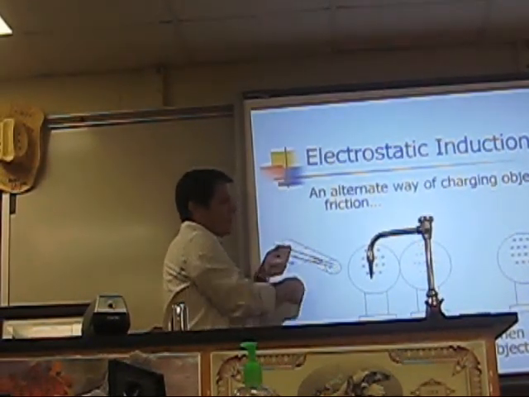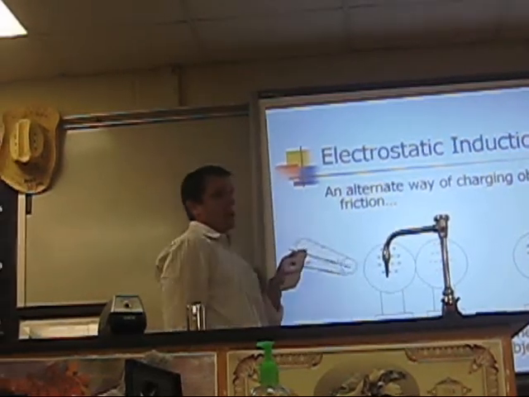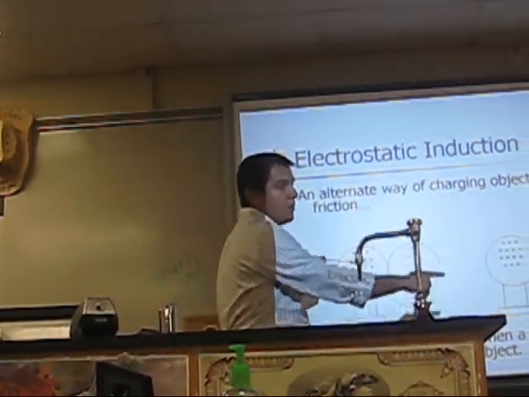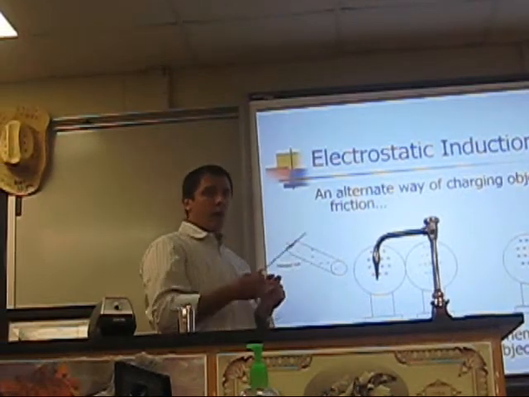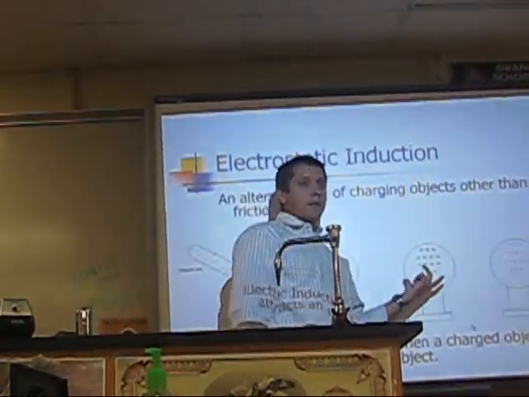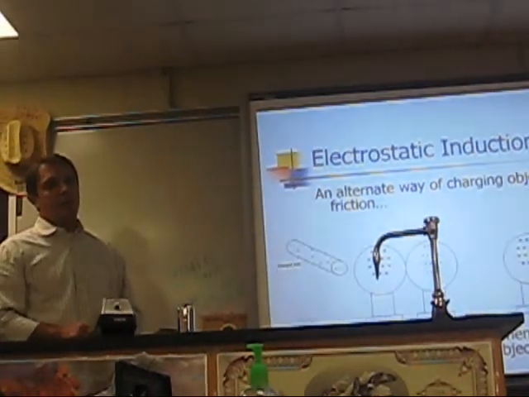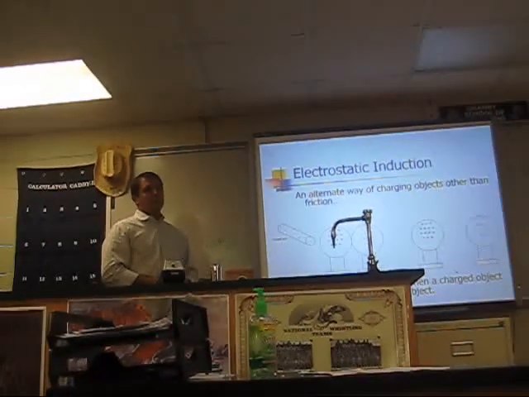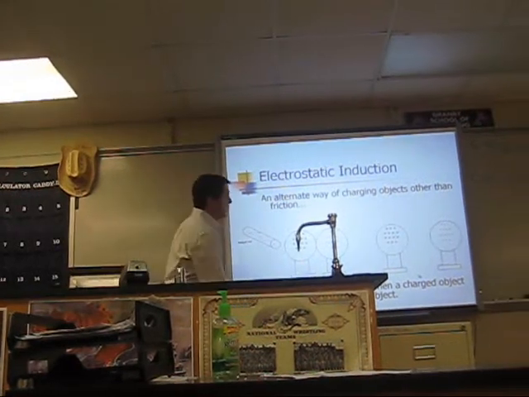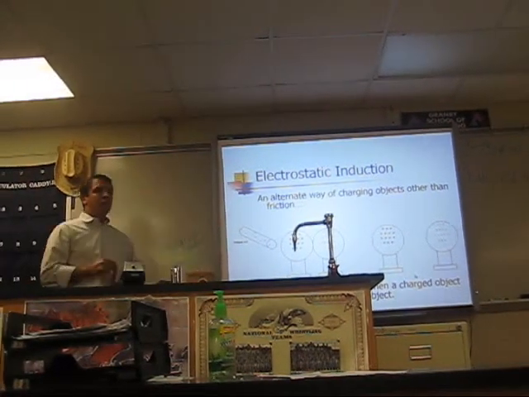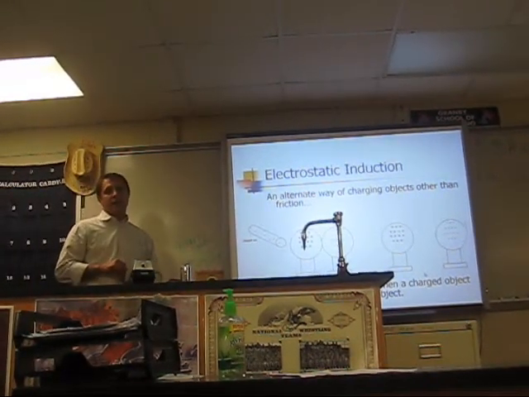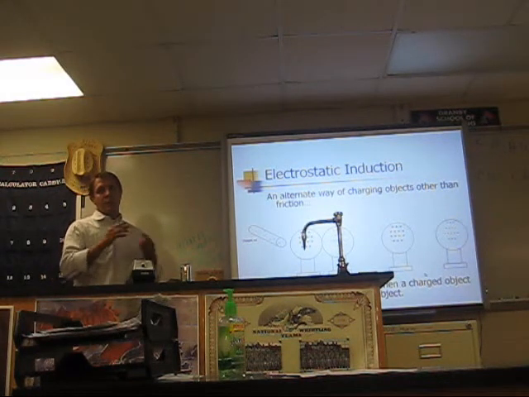If all of a sudden I split those two metal spheres, you'd end up with one thing positively charged and one thing negatively charged without actually touching the object. That's what we call electrostatic induction: giving something a charge without actually touching it, to induce the charge.